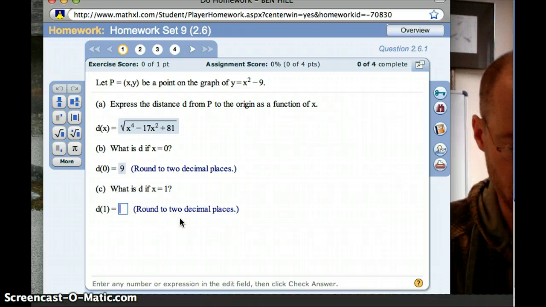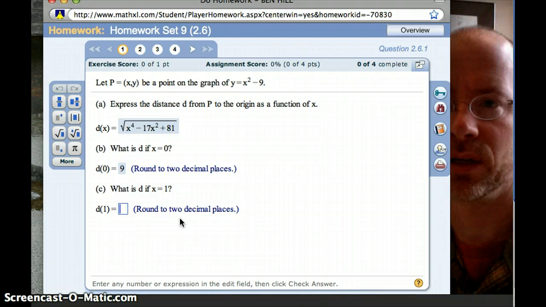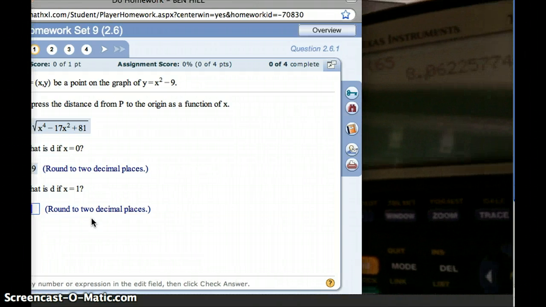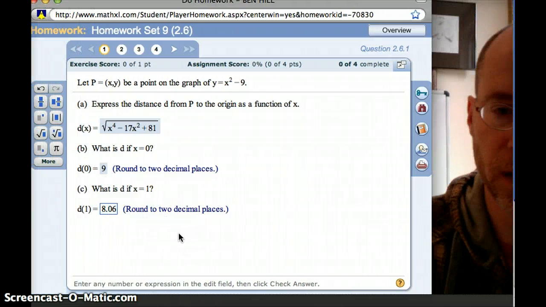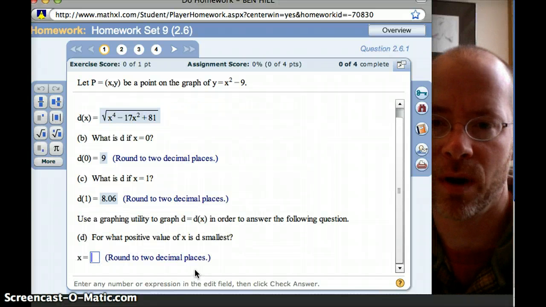They say round to the nearest 2 decimal places. So here we have square root of 65 is about 8.06. Yeah. Okay.